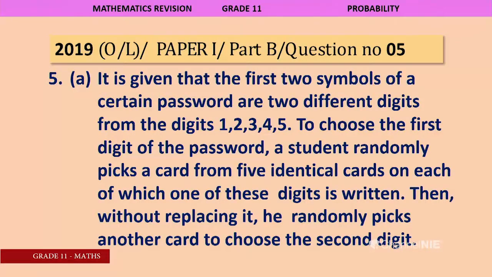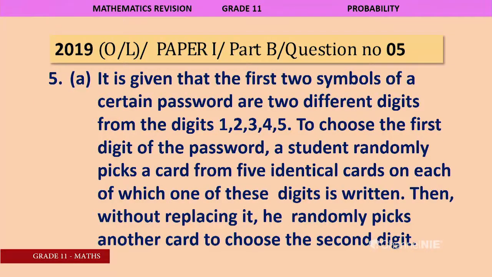To choose the first digit of the password, a student randomly picks a card from 5 identical cards, on each of which one of these digits is written. Then, without replacing, there is a change of elements in the sample space in the second case.